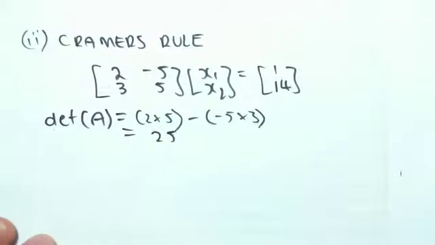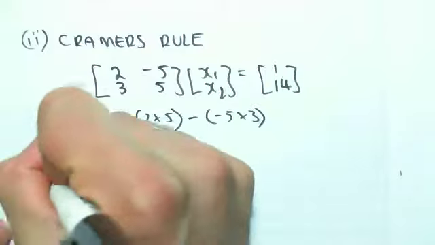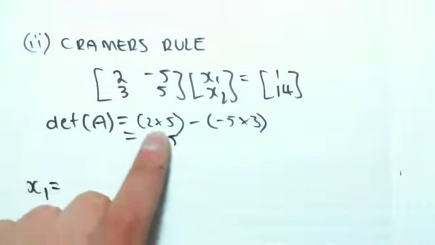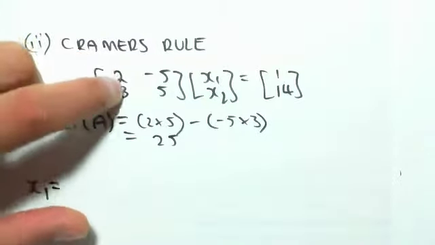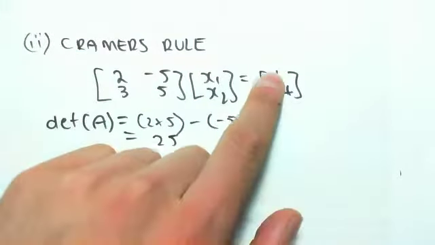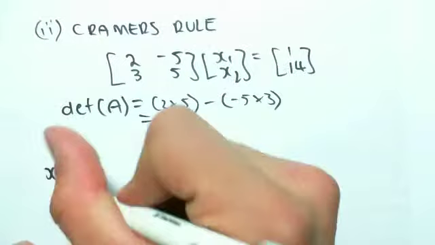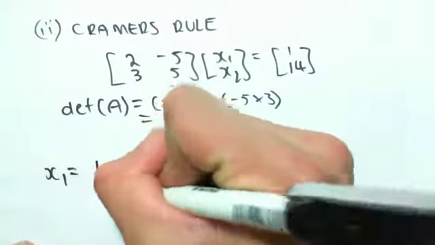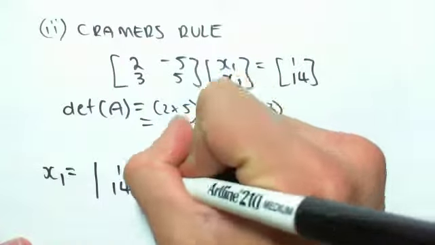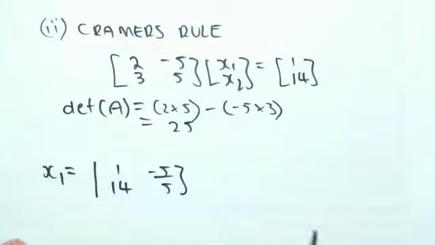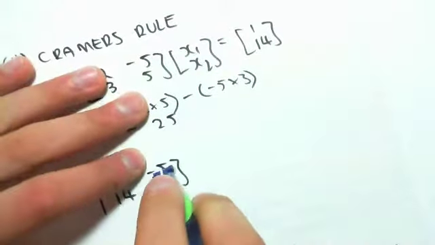Now, Cramer's rule is very simple. All you do is to find x1, you take the determinant of this matrix, but you replace this column by 1 and 14. So you're going to find the determinant of 1, 14, replacing this with this and leaving minus 5 and 5 there.